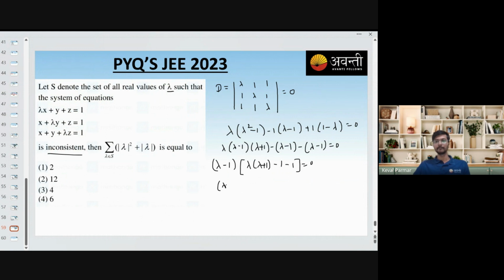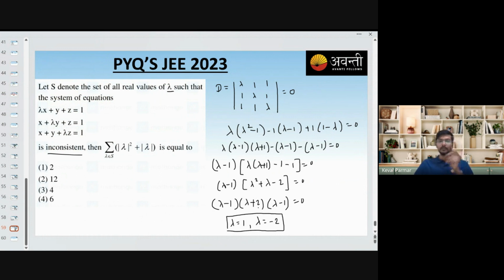What we'll get? Lambda minus 1 into, lambda into lambda plus 1, minus 1, minus 1. This is lambda square plus lambda minus 2. So lambda minus 1 into lambda plus 2 into lambda minus 1 equals to 0. So we got two values, lambda equals to 1 and lambda equals to minus 2.